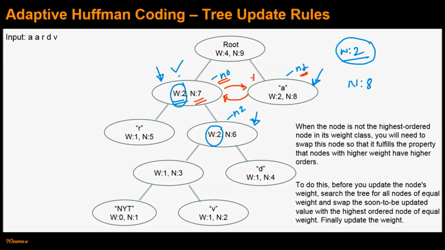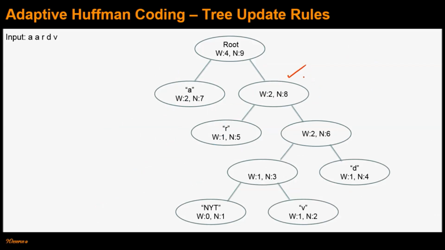So after swapping these two nodes, the modified tree would look like this tree. Now this node is the highest order node in its weight class. So we are safe to update the weight for this particular node. The weight would be updated to 1 plus 2, that is 3, right? So the modified tree after updating the weight would look like this.